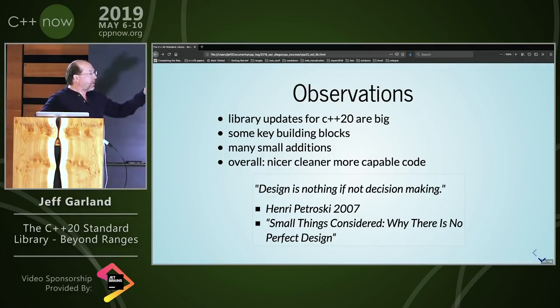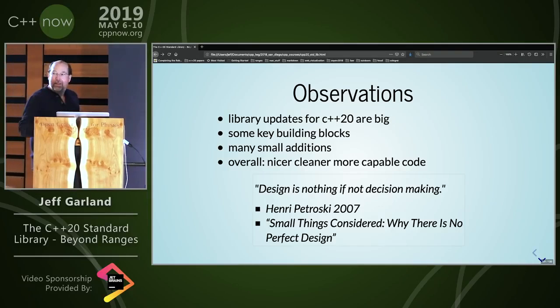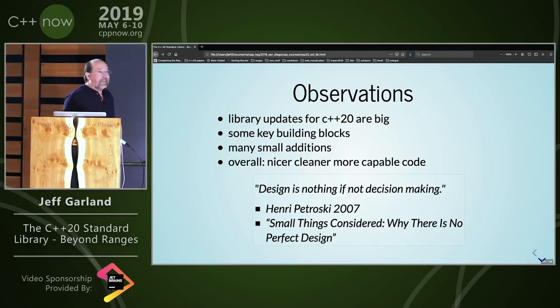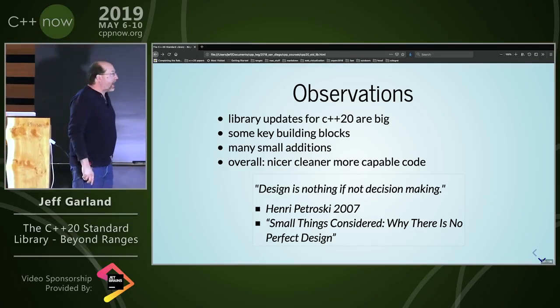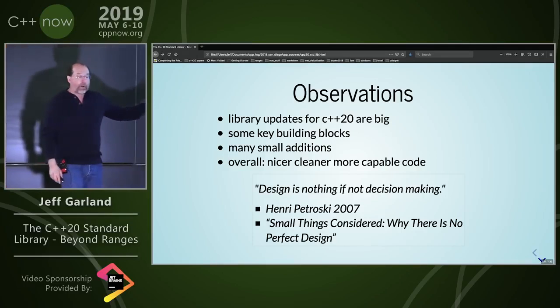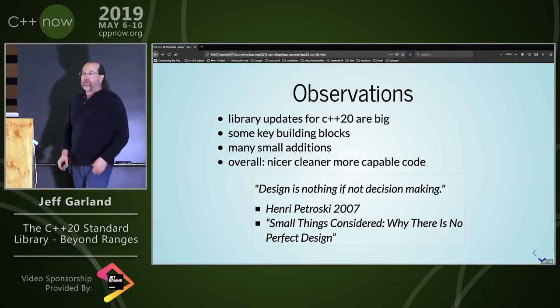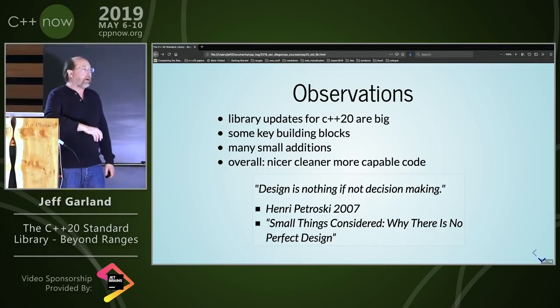So I really like this quote from Henry Petroski on kind of a similar vein. Anybody know who Petroski is? He's a civil engineer, and he's written extensively about bridge failures and why they would happen, and engineering and so forth.